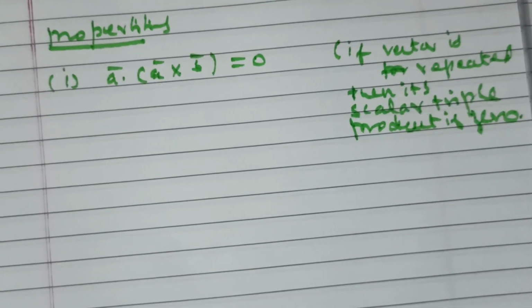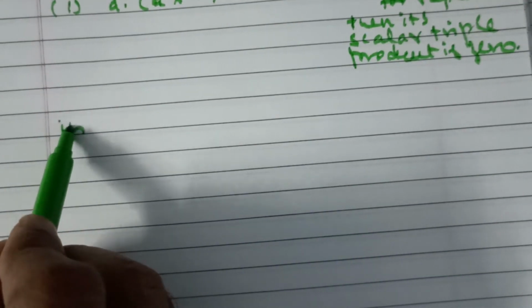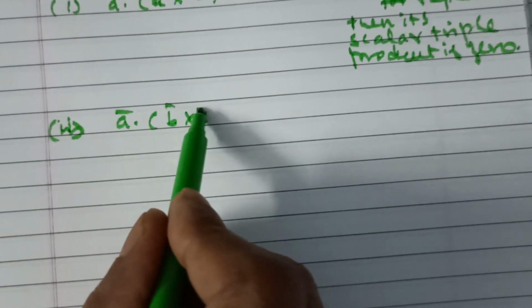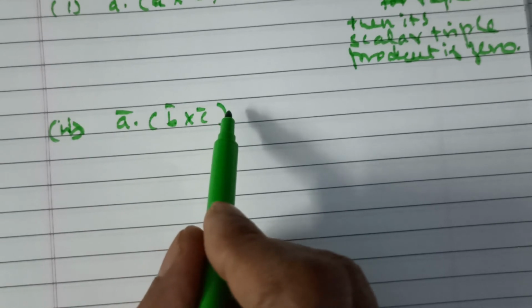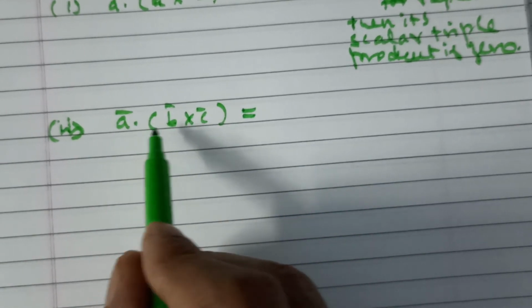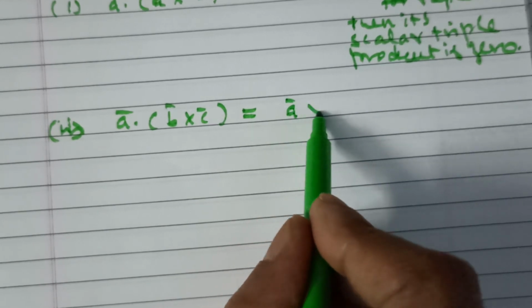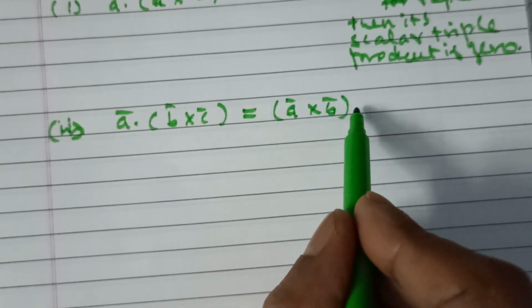Next, second one, A bar dot of B bar cross C bar is same as interchange dot and cross products, A bar cross B bar dot C bar.